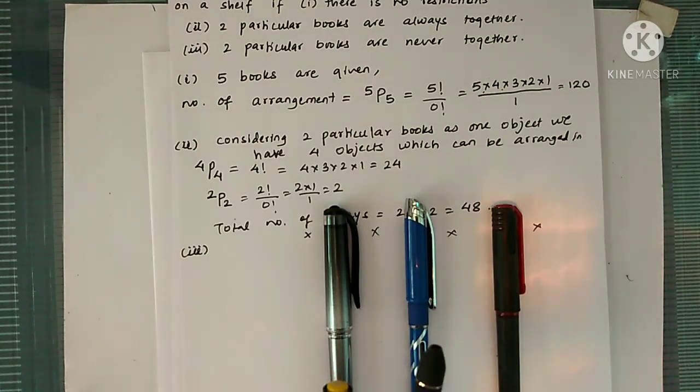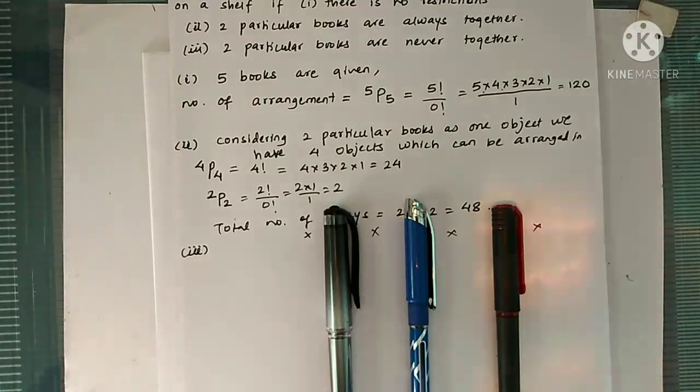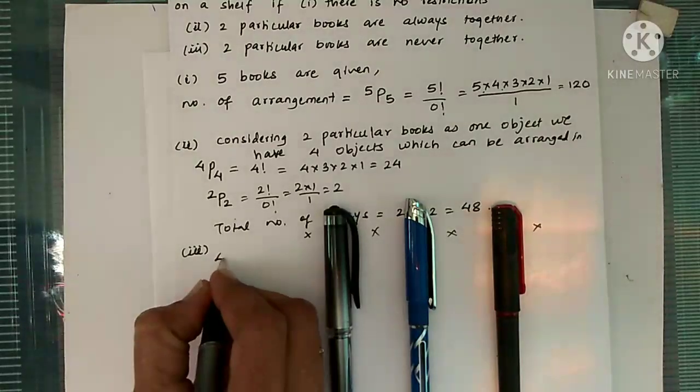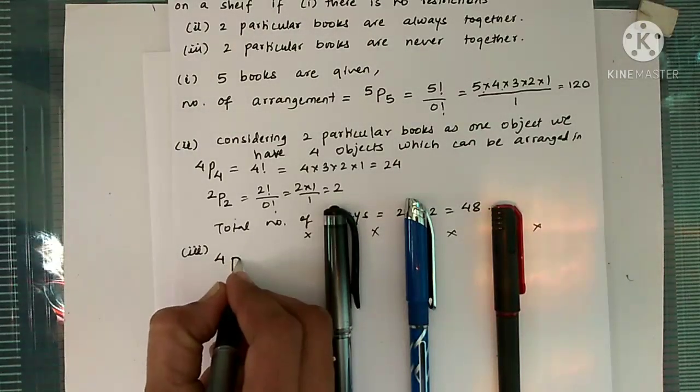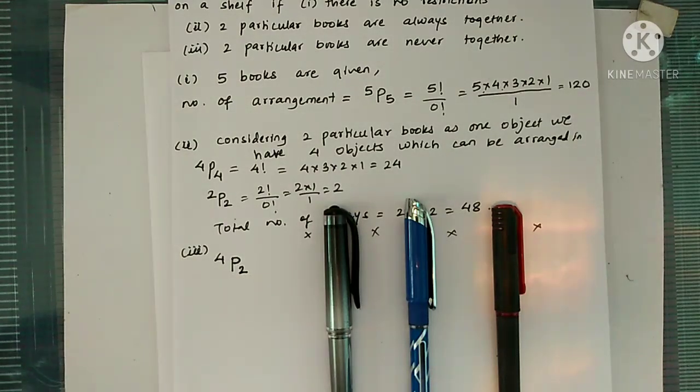We want to arrange these 2 objects on those 4 places. So 4 places are there and arrangement means P. We have to place 2 objects there. So that is 4p2 ways.